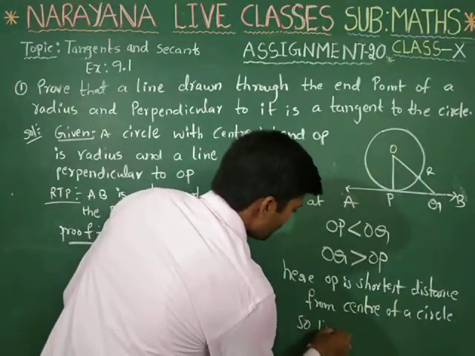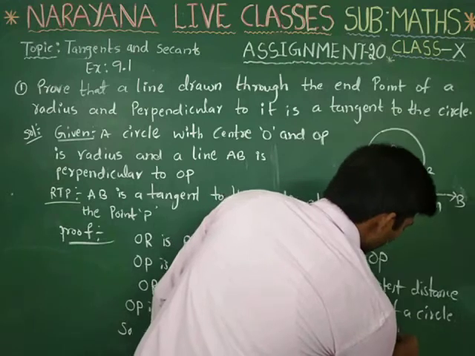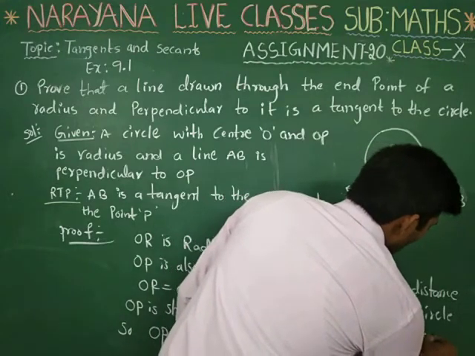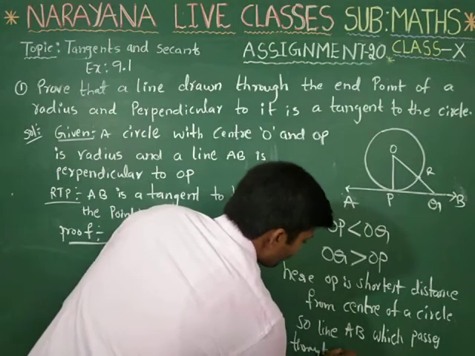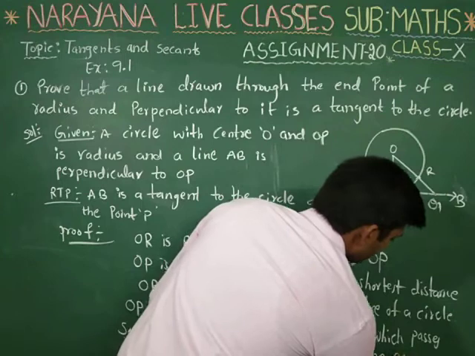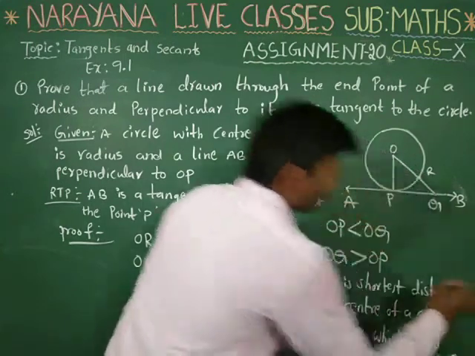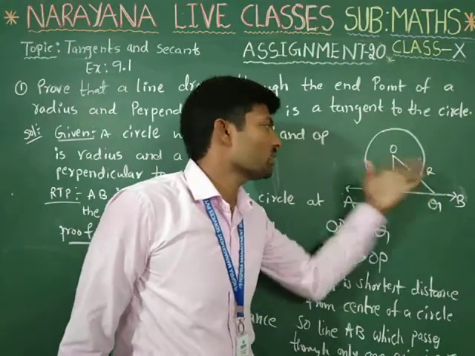So line AB passes through only one point, that is P. So line AB is nothing but a tangent to the circle.